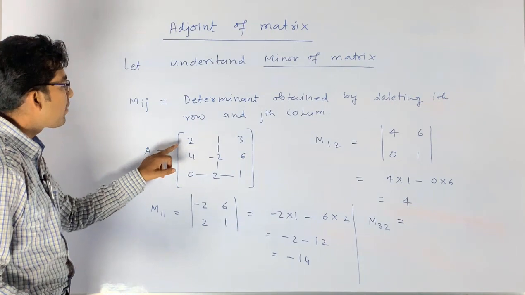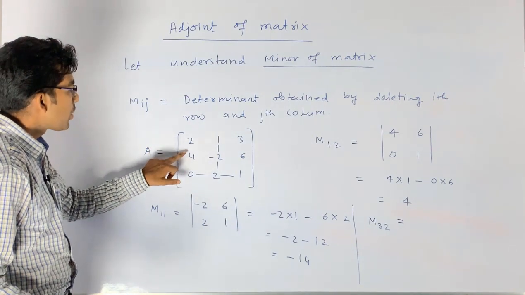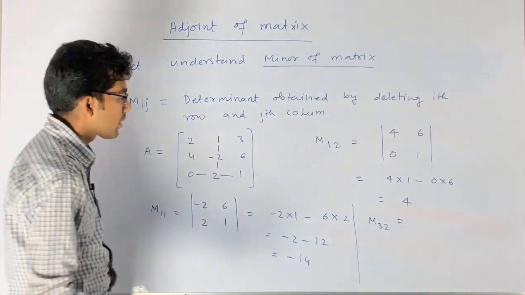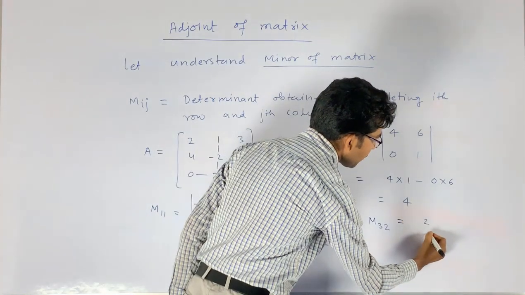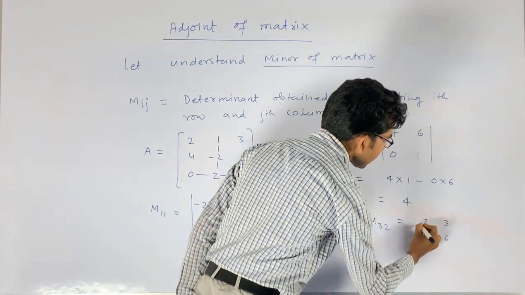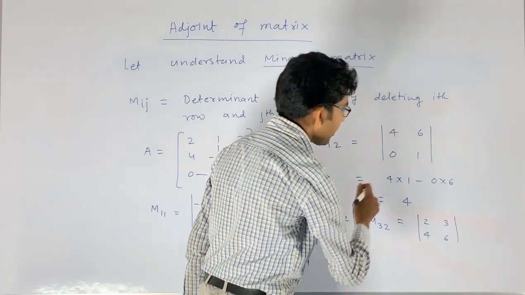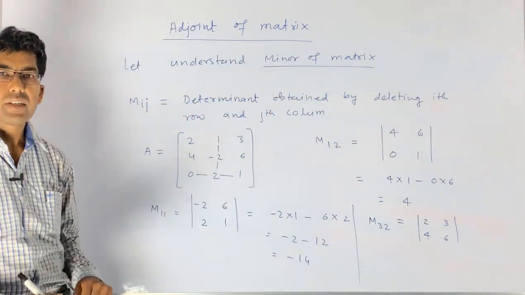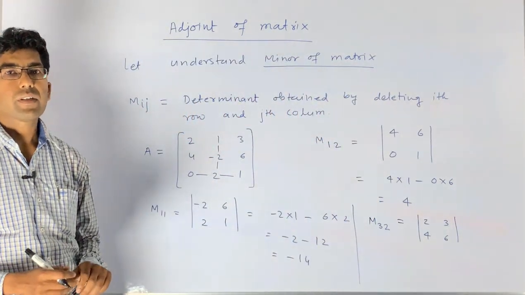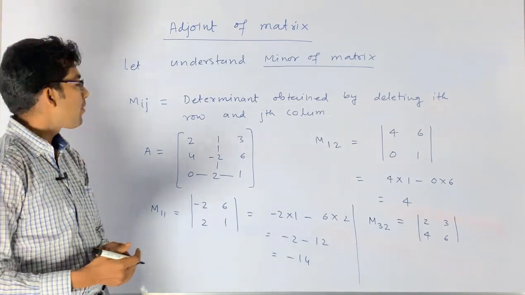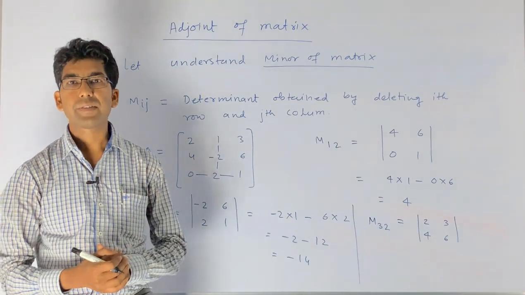So we will remain with 2 4 and 3 6, so 2 4 3 6, and similarly we can calculate that. So this is how we can define the minor of the matrix.